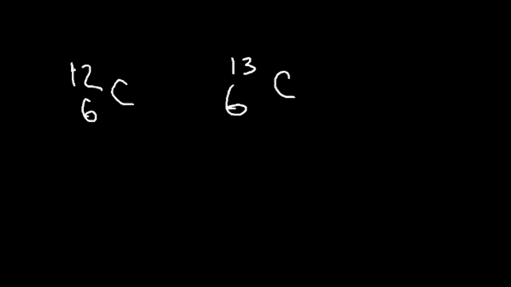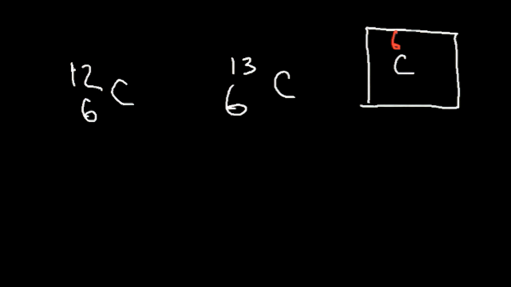Now, if you look at the periodic table at elemental carbon, you'll see that the mass number is not exactly 12. It's like 12.01. And as we mentioned before, this is the average atomic mass of all of the carbon isotopes. You also have carbon-14, but that's very, very rare.